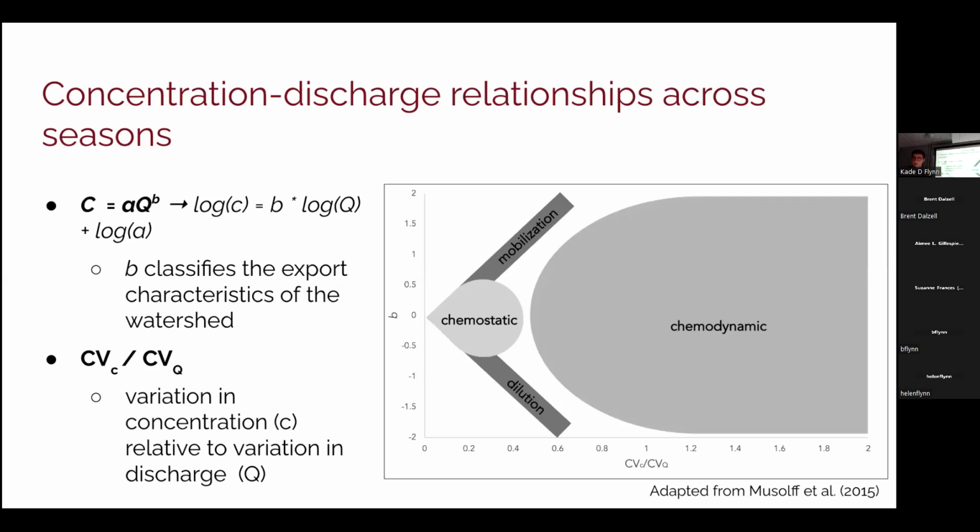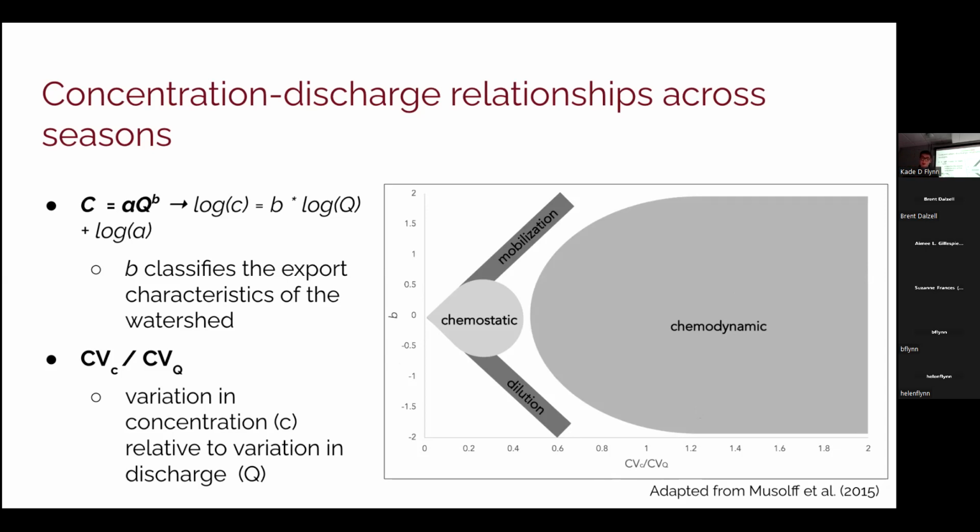This figure, adapted from a paper that sort of established this dual approach, shows how we can use the CVC, CVQ to differentiate between these chemodynamic and chemostatic conditions, and then the slope of this function to describe chemodynamic conditions as either mobilizing, where concentration is increasing with discharge, or diluting, where concentration is decreasing with discharge.